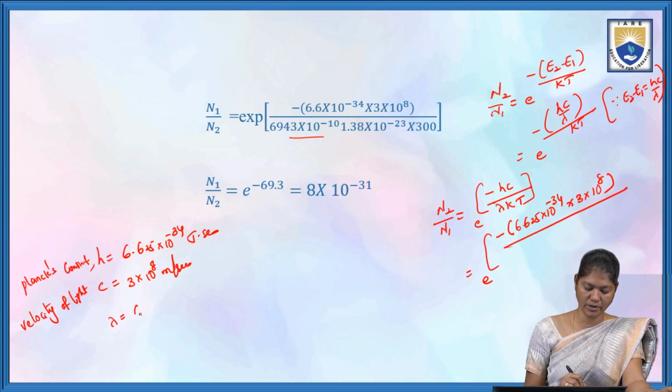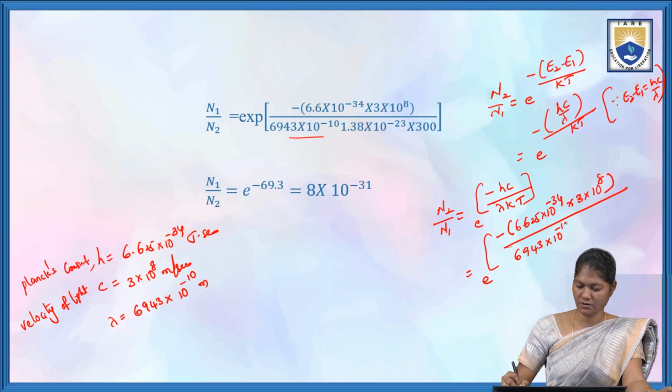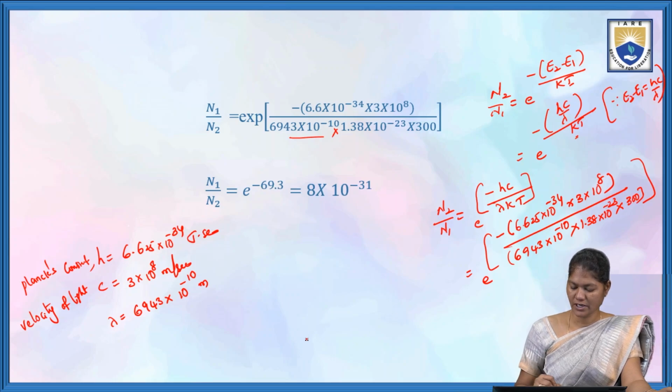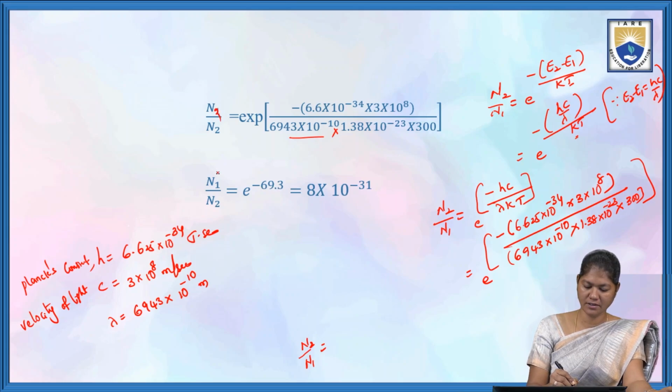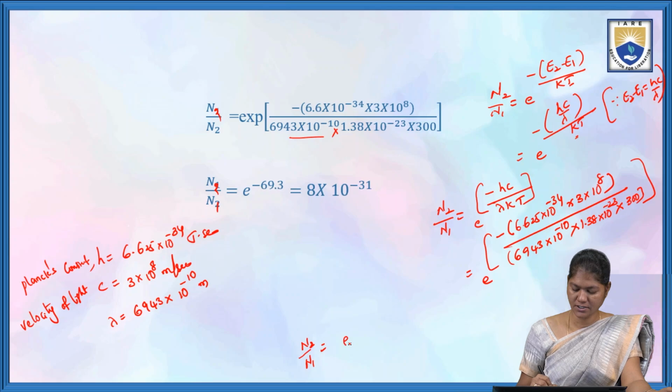Lambda is given in the problem as 6943 angstrom, so 6943 into 10 power minus 10 meters, into K. K is the Boltzmann constant, 1.38 into 10 power minus 23, and T is 300 degree K. So the value is N2 by N1 equals e power minus 69.3, that is 8 into 10 power minus 30.